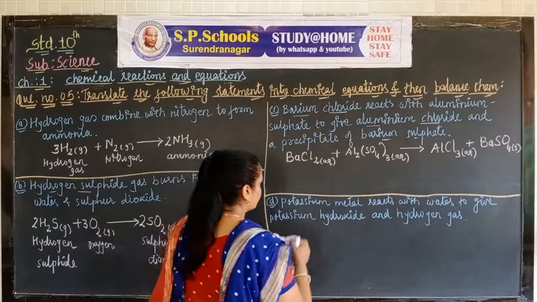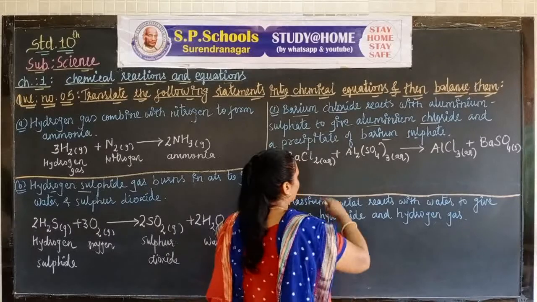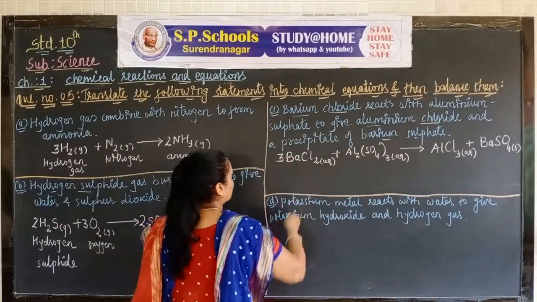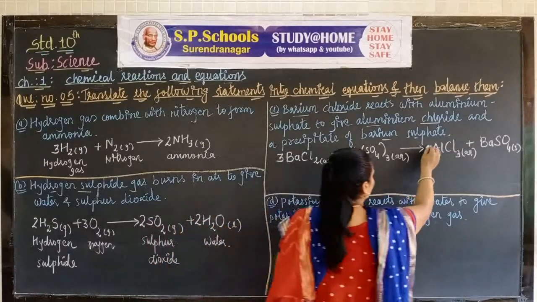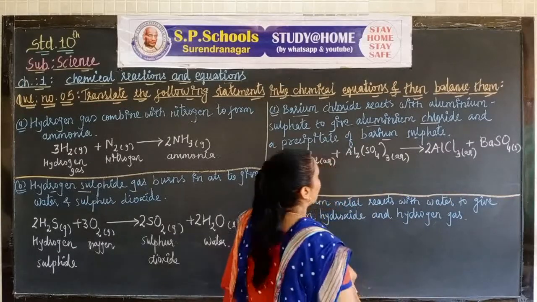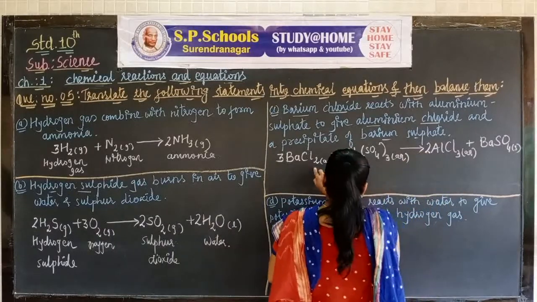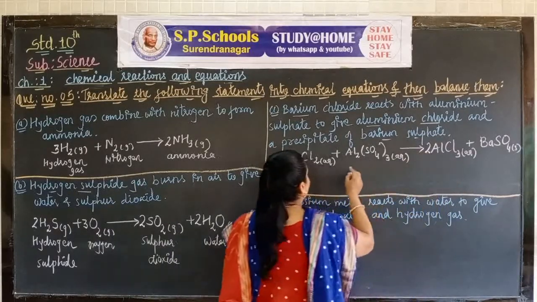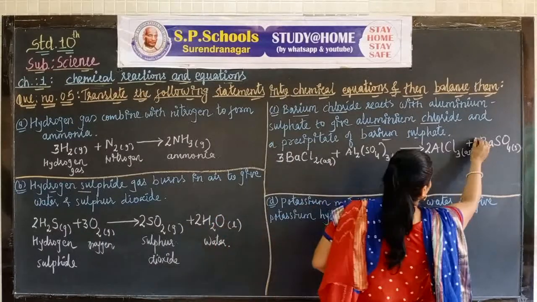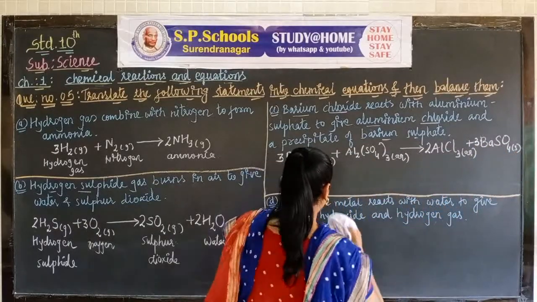To balance the equation, first balance the number of chlorine, so we put 3 here, 3 2s are 6, so we put 2, 2 3s are 6 chlorine. Now the balance of Al, Al2, chlorine 6. Now the balance of Ba, here 3 molecules of Ba, so we put 3 Ba and 3 SO4 here. Now the equation will be balanced.